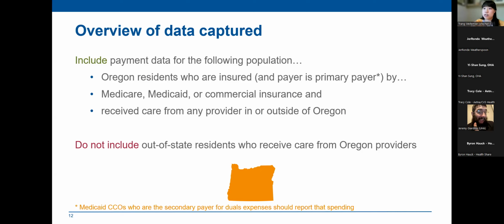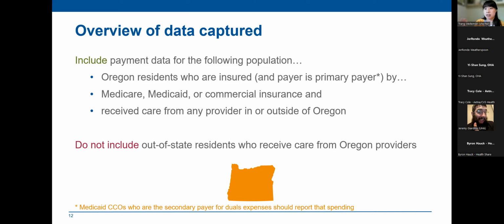So I do want to note this little asterisk here for primary payer. This is a change in reporting guidance from last year. So if you're a payer, you are the primary payer for the member, and you should report that member spending in this data template.